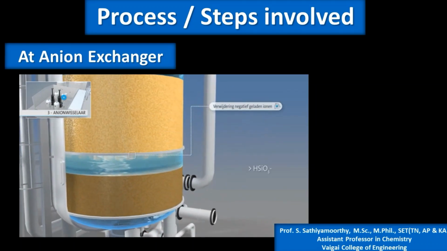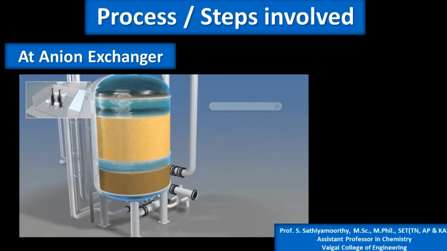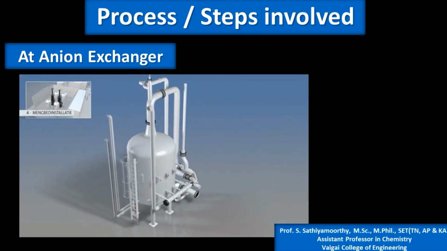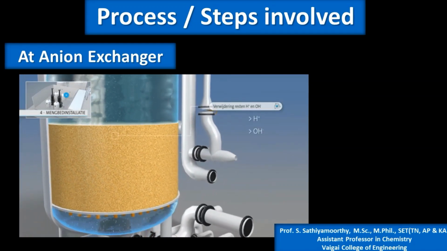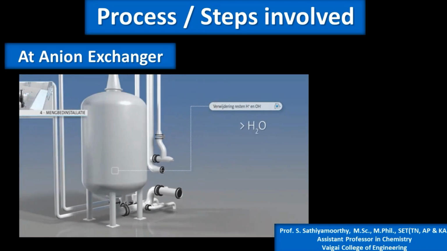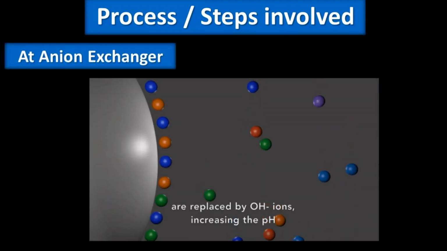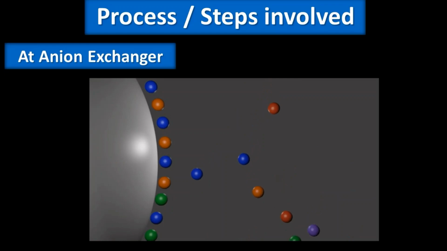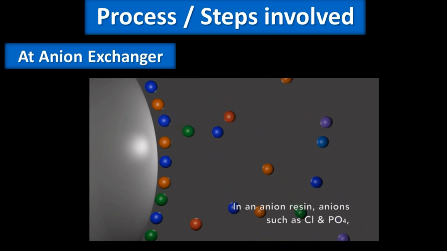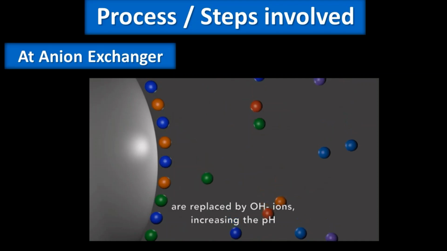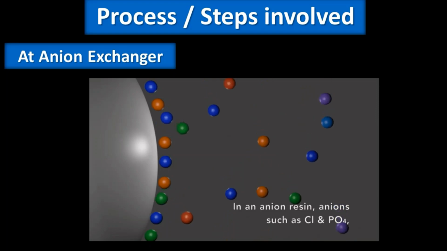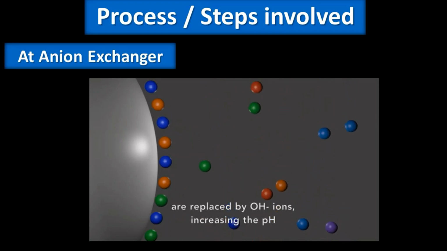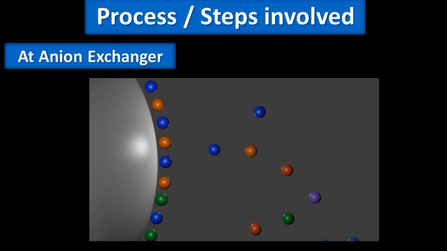Now the anions are getting removed, and finally H plus from the cation exchange resin and OH minus from the anion exchange resin combine together and form water, which means that all the cations and the anions are removed from the water. Now you can see the same exchange happening in the anion exchange resin and water. Here the OH minus ions from the resin are going to the water, and all other anions like Cl minus, SO4 2 minus are getting adsorbed over the anion exchange resin surface.